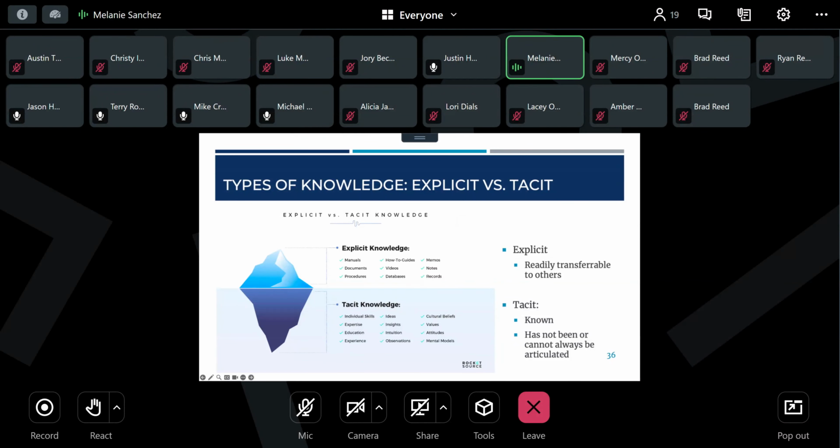Tacit knowledge is what we know, but it is not or cannot always be articulated. Often people aren't even aware that they have this knowledge or that it could be important to others. The position knowledge survey is really helpful in finding out what this tacit knowledge is, right? It's not easily shared, requires more extensive personal contact, or hands-on experience. So examples of this. An employee might know the best way to complete a task, but it differs from the way that it's described in a manual.